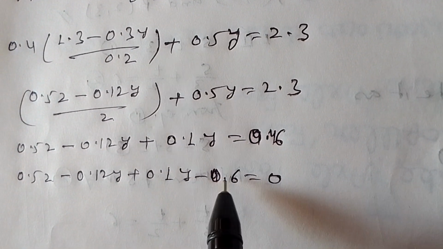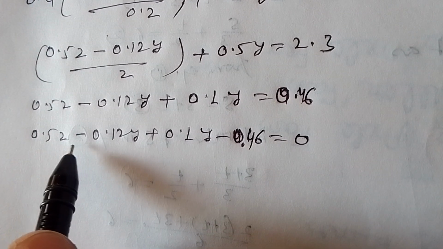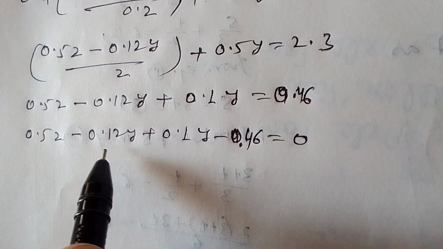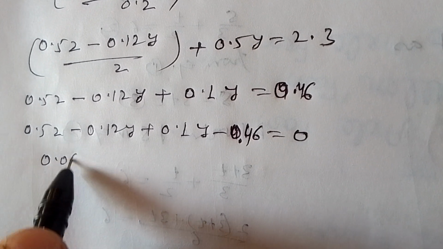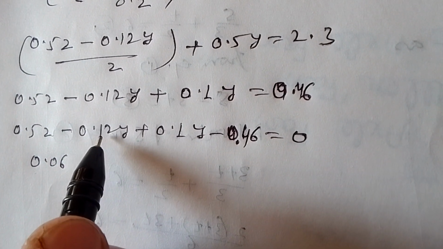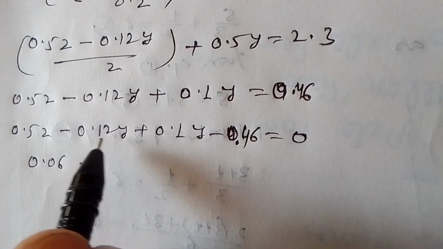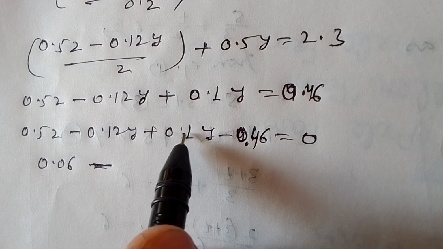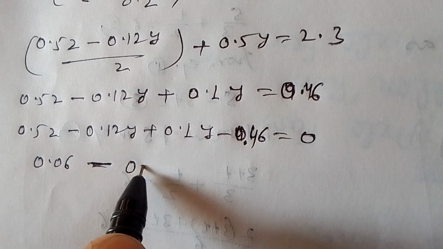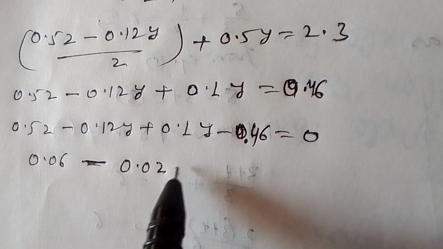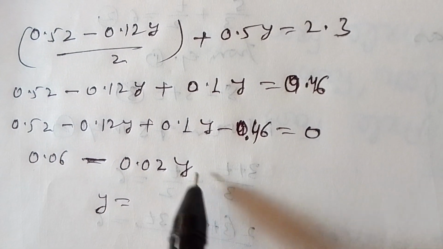So subtracting 0.46 from 0.52 we remain with 0.06, then minus 0.12y plus 0.1y. 0.12 is more than 0.1, so it becomes minus 0.02y.